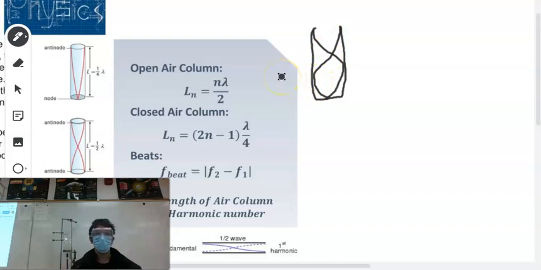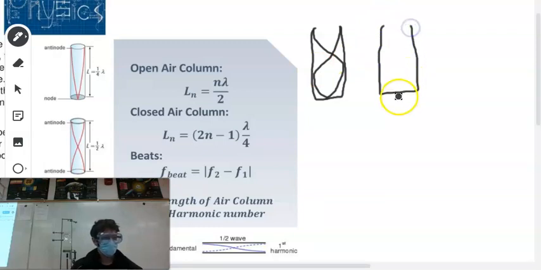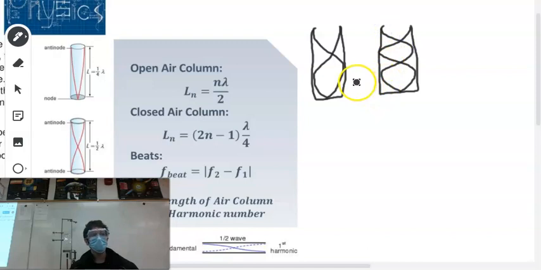That would be your next frequency that would produce resonance. And you could draw the next one too. Okay, so you go not to this antinode, not to that one, but to that one, like this. And that would be the next frequency that would produce resonance.